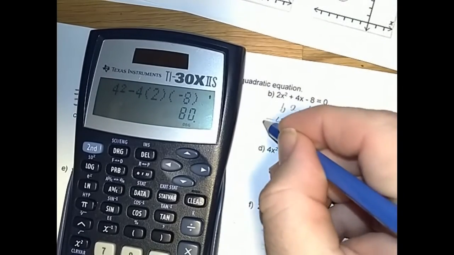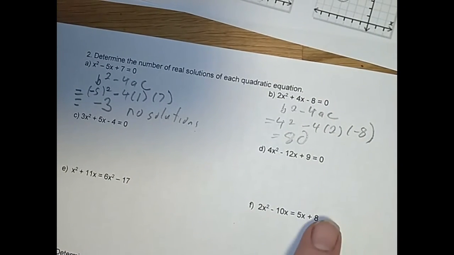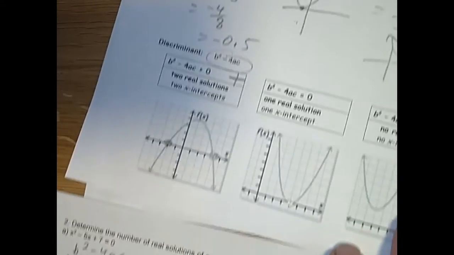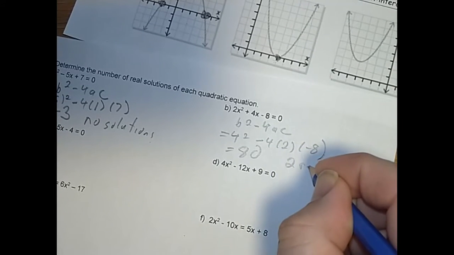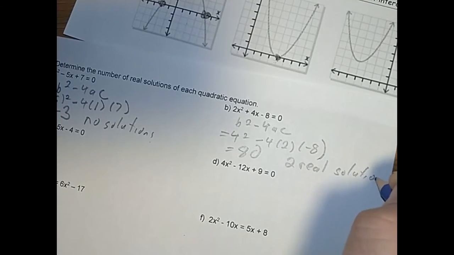That's 80. It's positive, it's not negative. Since it's positive, it's going to have 2 real solutions. And again, if it's 0, it'll only have 1.